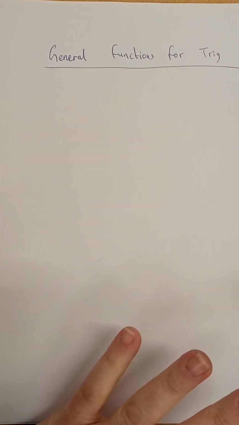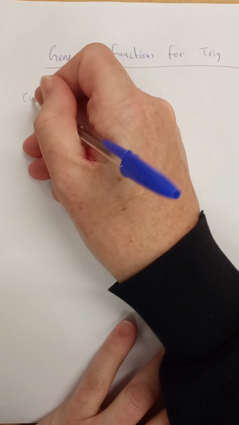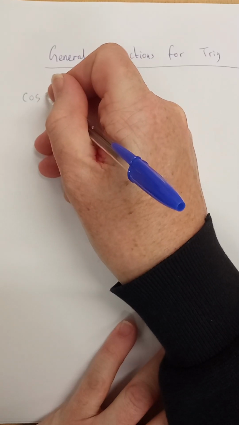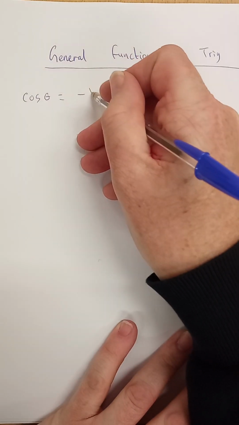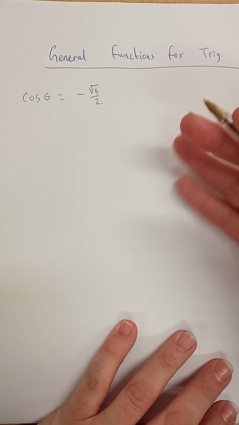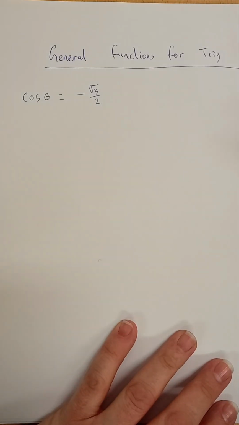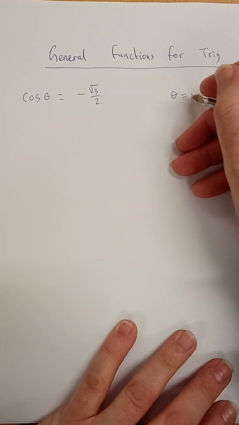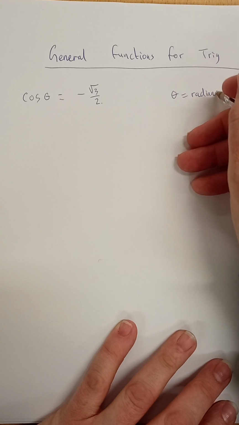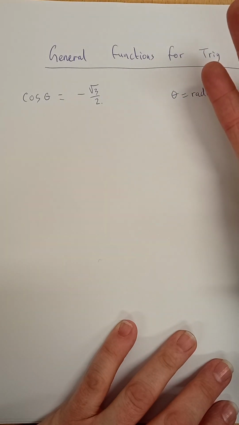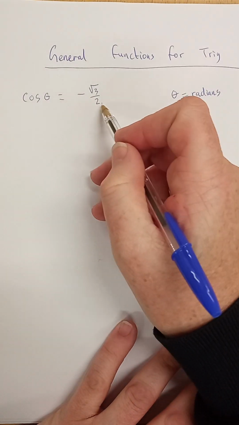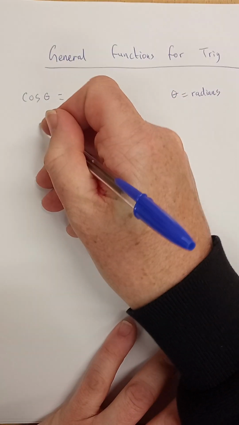So I'm going to find the general function of when the cos of theta is equal to minus root 3 over 2. Okay, and I'm going to do it in radians. So let's figure it out. First of all, let's rearrange this, so let's get the cos away from the theta.